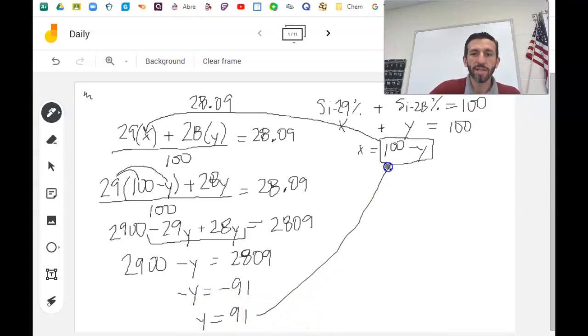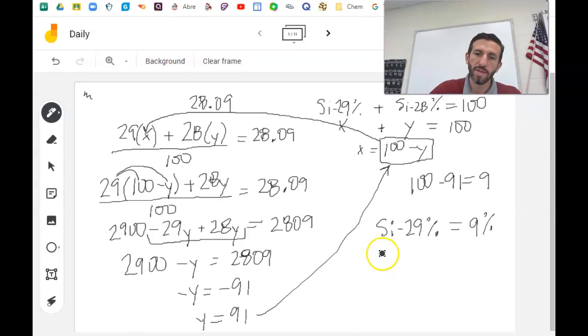Well, now I can plug that back in there. 100 minus 91 equals 9. So my x, which was the silicon 29 percentage, is 9%. And my silicon 28 percentage was 91%.